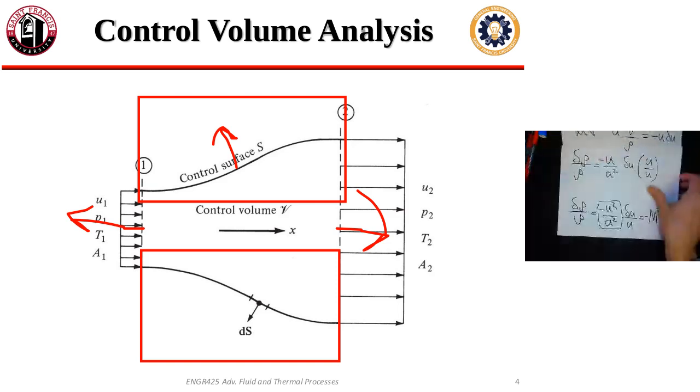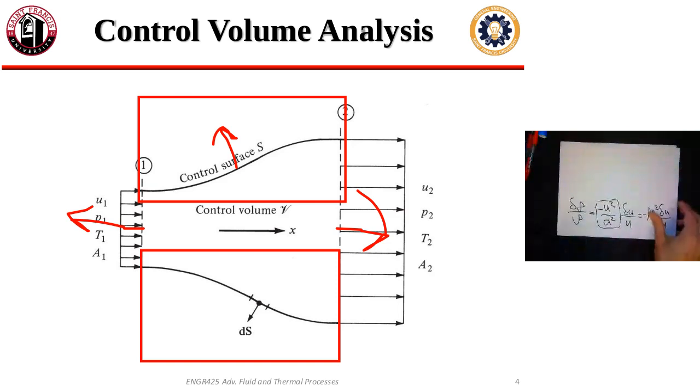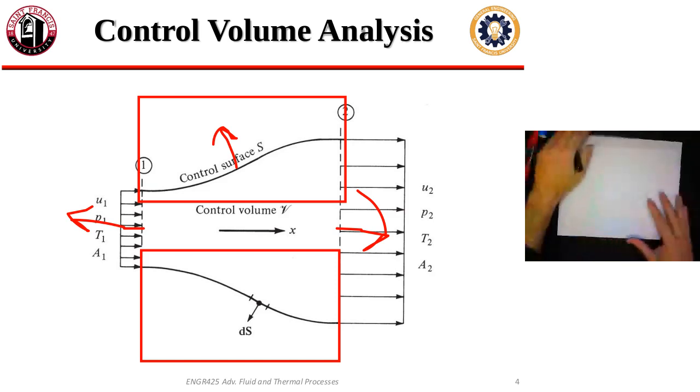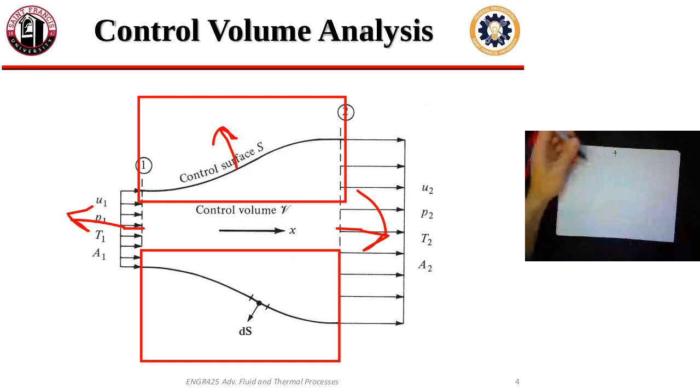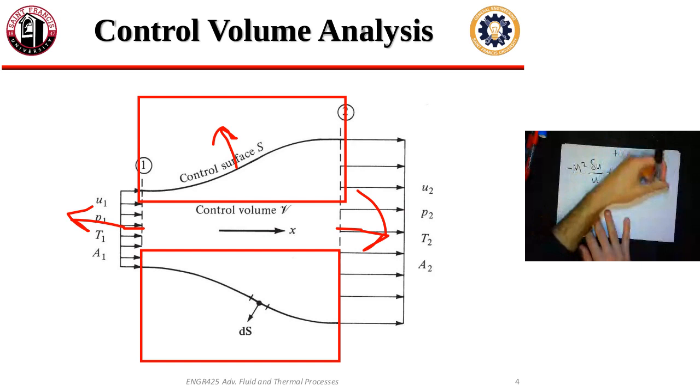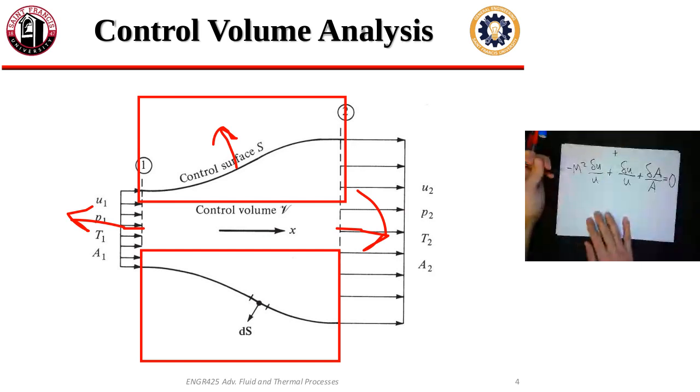So I get something that looks like this, which now is only in terms of velocity and area, which is what I wanted.